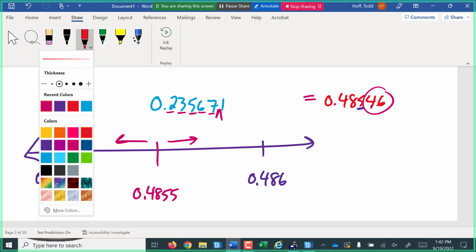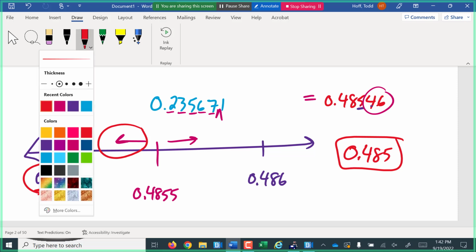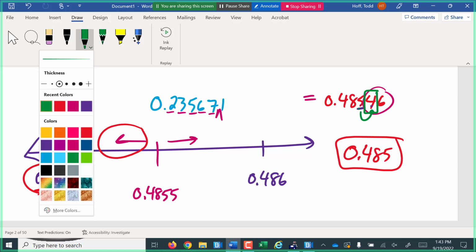The left side. So it's going to round to 0.485. That's the one it's closer to. So when you're rounding, the only digit you need to consider is the one digit past what you're rounding to. So for 0.485, the next digit is a 4, so we round down. We keep it at 5. Any questions on that?